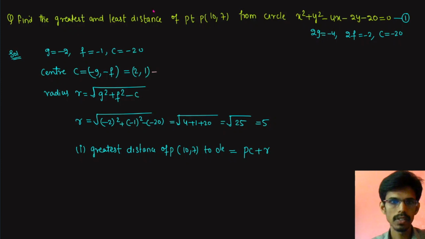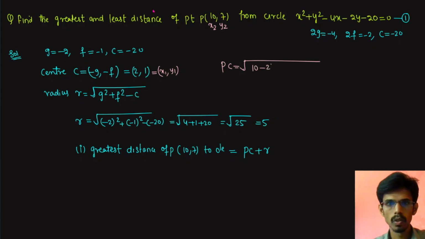We have this as x1, y1, and this point P as x2, y2. Now the distance PC or CP will be under root, distance formula, x2 minus x1 square plus y2 minus y1 square.